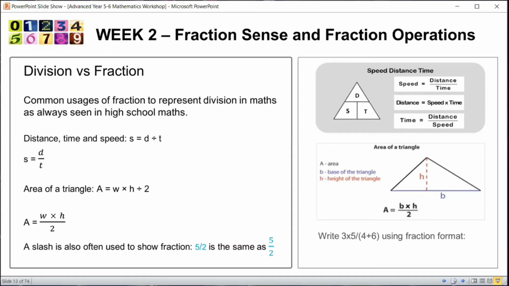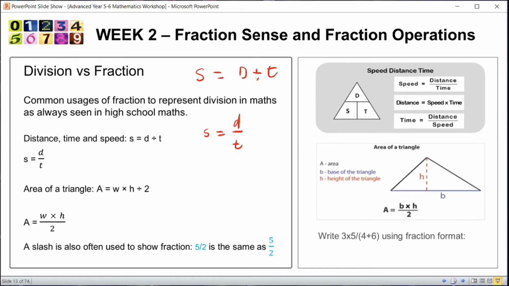For example, you probably already know the relationship between distance, time, and speed. The speed equals distance divided by time. But in high school, they don't write it like that anymore. They will write S equals D over T, because a fraction and a division are the same thing.